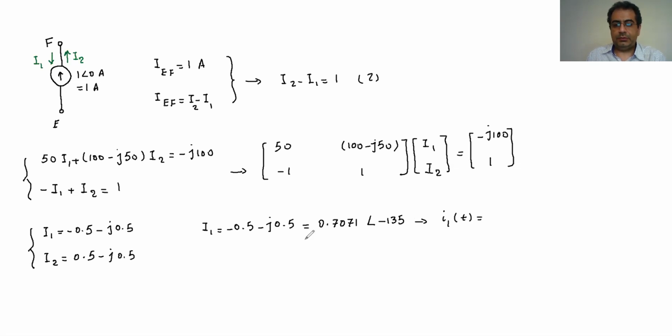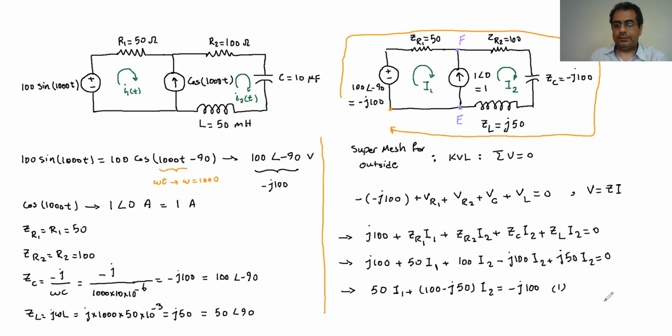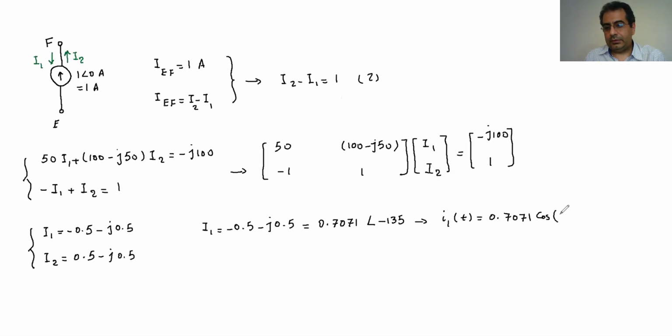It's going to be the magnitude 0.7071 cosine of omega t, where omega is 1000, so 1000 t, plus the angle, which is negative 135.